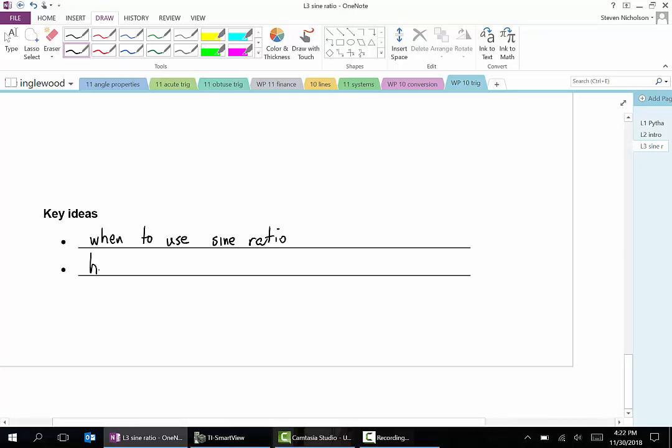The other key idea is how to solve the three kinds of equations. And there are only three. The first one was find an angle, and that's just pushing a button on our calculator. The second one was when the x is on top, and we simply multiply over. And the third one was when the x is on the bottom, and then we simply interchange.